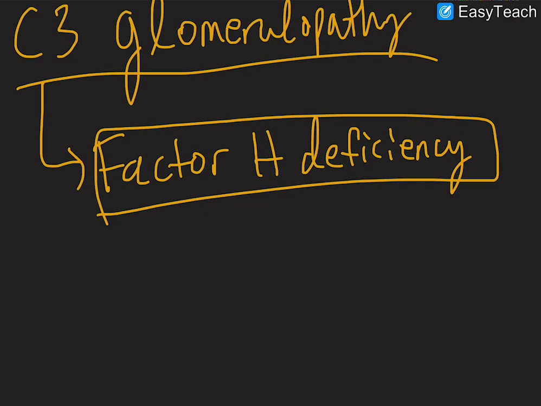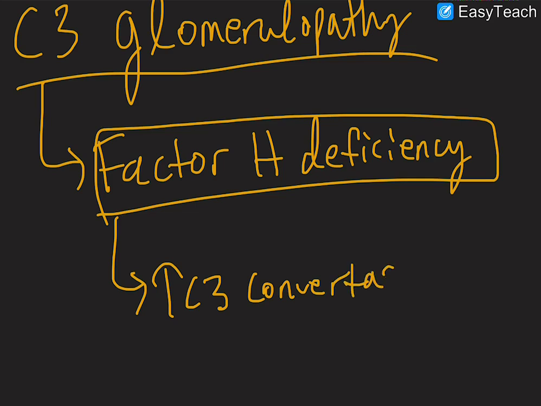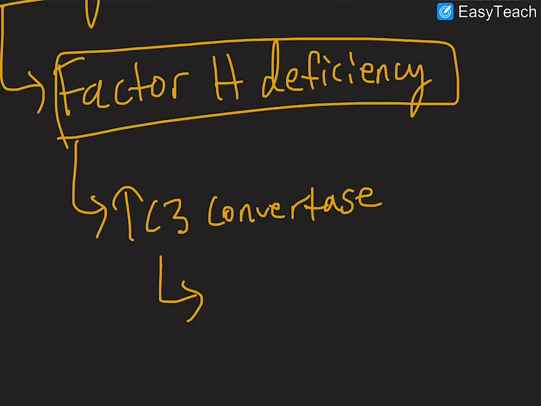Remember, if you're deficient in factor H, then you can't stop the formation of C3 convertase. So you would have a lot of C3 convertase, and remember, C3 convertase activates and cleaves C3 into C3a and C3b.